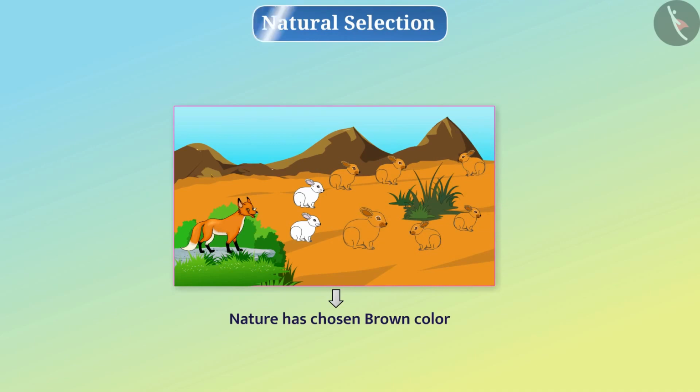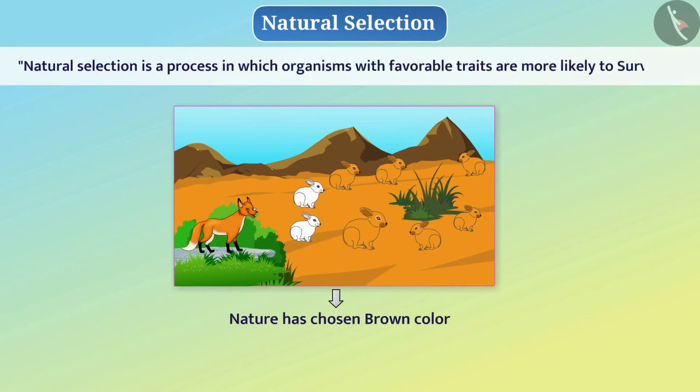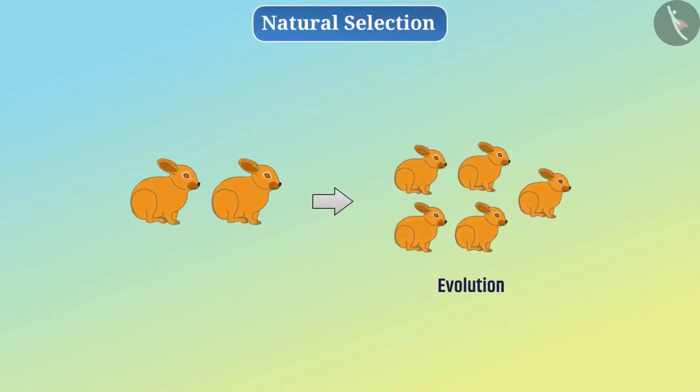That is what we call natural selection. Natural selection is a process in which organisms with favorable traits are more likely to survive. From this we understand that natural selection is taking the organism towards evolution.